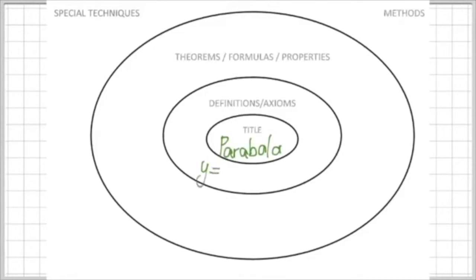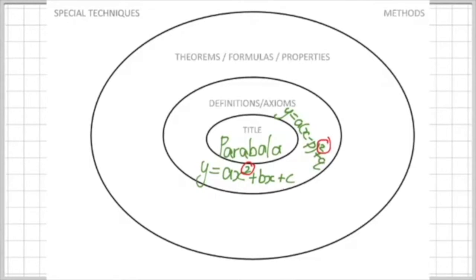What is the definition of a parabola? Well, that's the standard form, y equal to ax squared plus bx plus c, with the highest power of 2, or the degree of the polynomial being 2. But there's also a second form, y equal to a(x minus p) squared plus q, also a highest power of 2 if I multiply out the brackets.